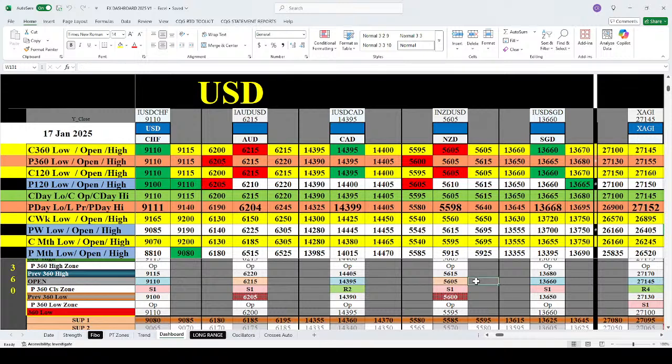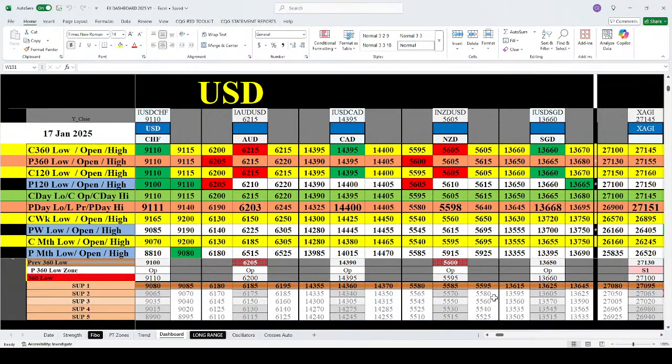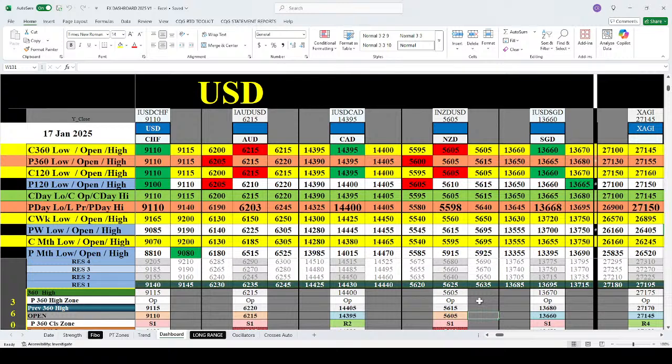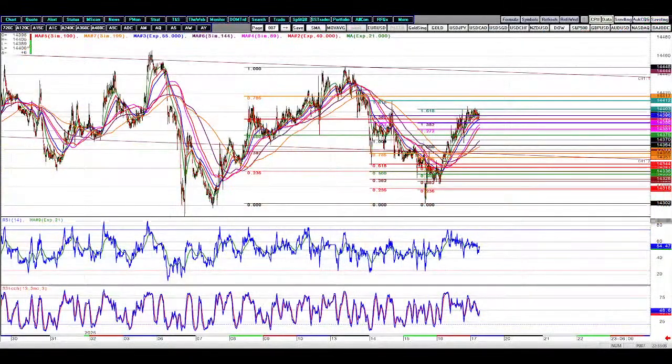Getting that into consideration, we can go buy at 155.80, then exit before 156.30. Okay, so let's see what the chart is saying.